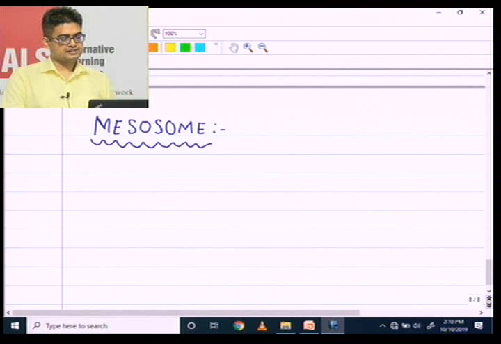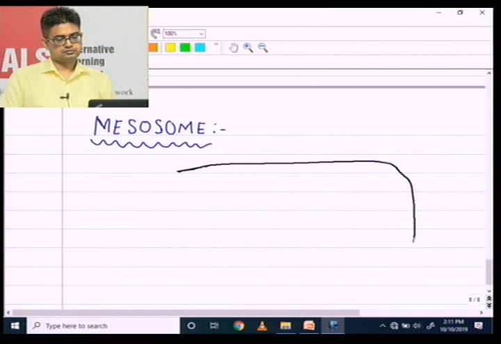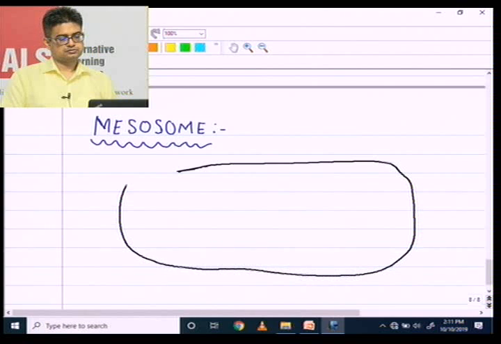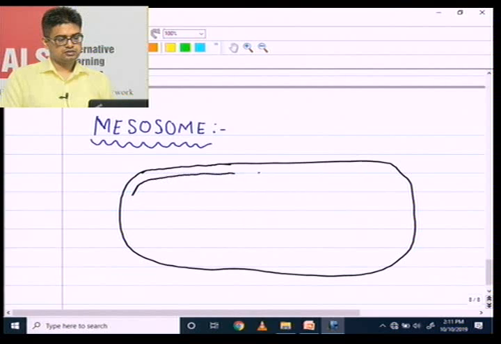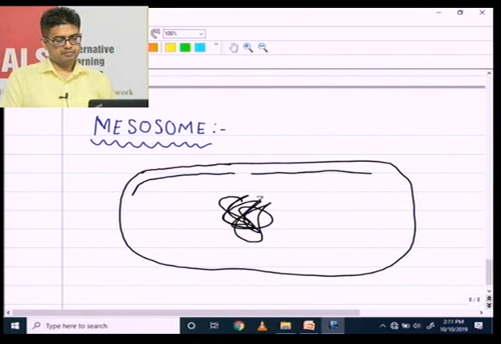If I draw a bacterial cell like this, then this is the primitive genetic material.